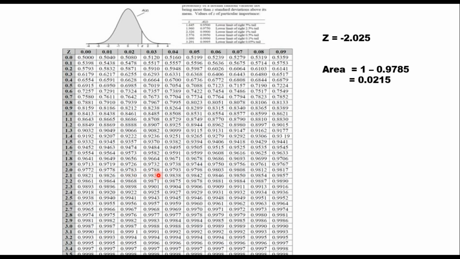Because it is negative, we are interested in this small area, so subtract it from 1, that is 0.0215. This is the area under the curve for Z equal to minus 2.025.